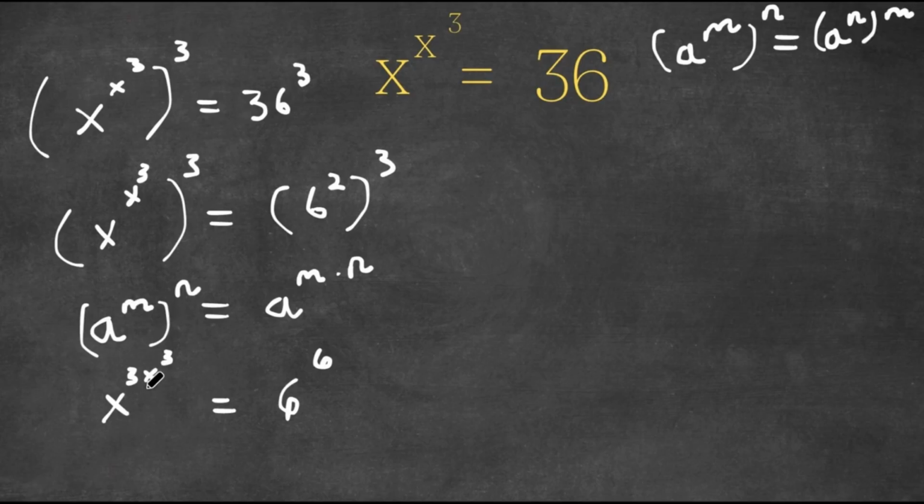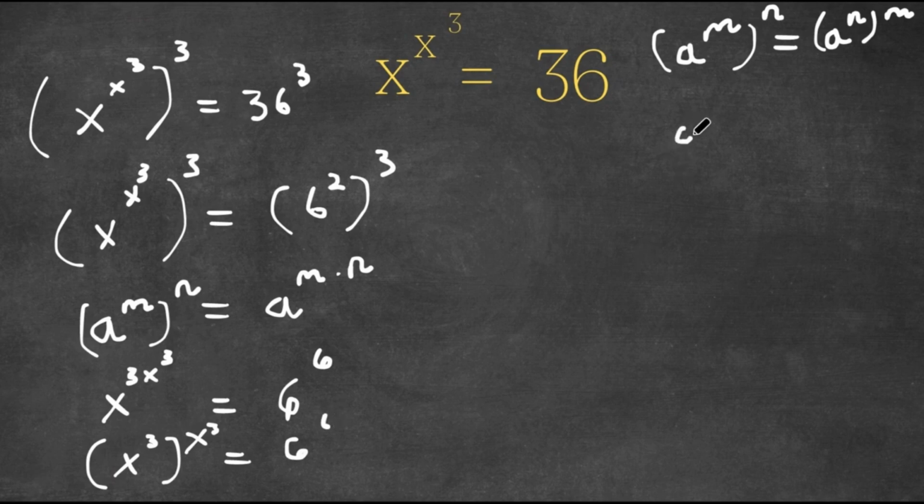So then x to the power of (3 times x to the power of 3) would equal (x to the power of 3) to the power of (x to the power of 3). This is equal to 6 to the power of 6.